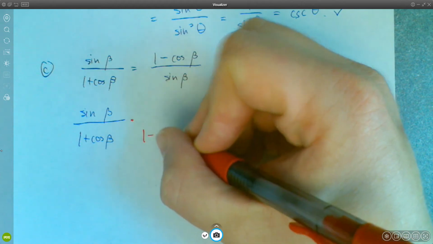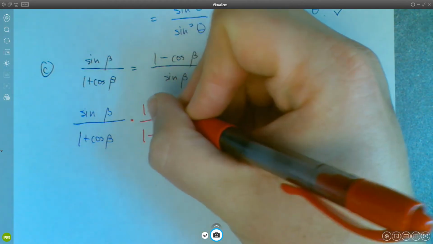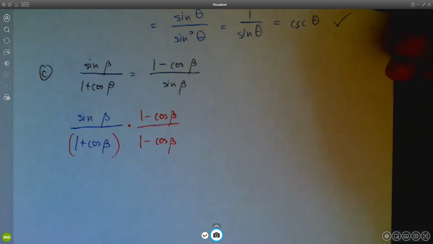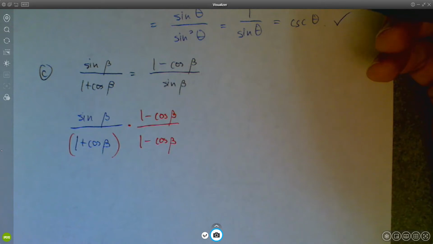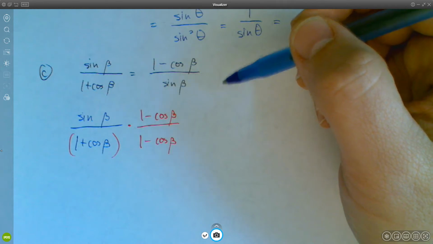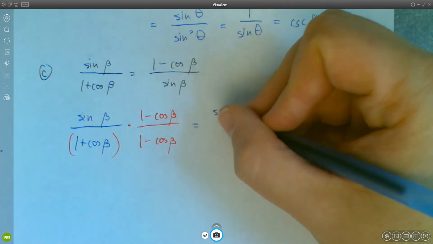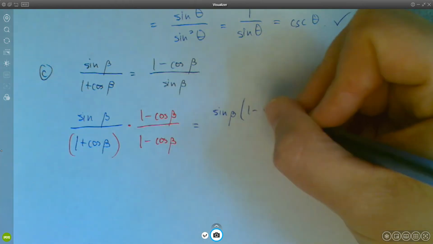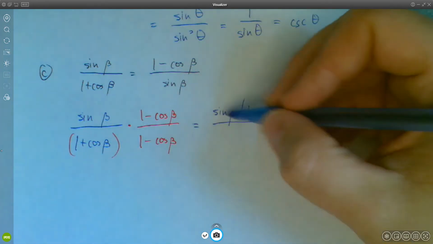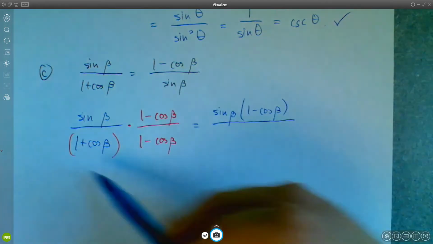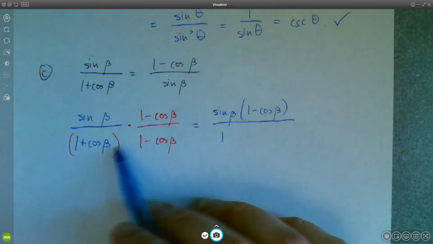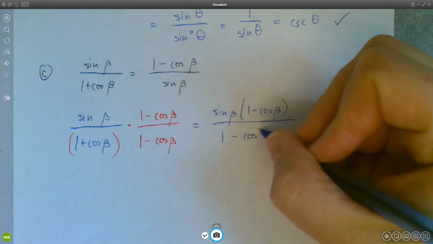So let's do 1 minus cosine beta over 1 minus cosine beta. Not sure how much of this I really want to multiply together. I might just leave it factored like this, in the hopes that maybe this sine beta will cancel. Let's see. So here if I FOIL, I've got 1, the negative cosine and positive cosine will cancel, and then I'll have a negative cosine squared beta.